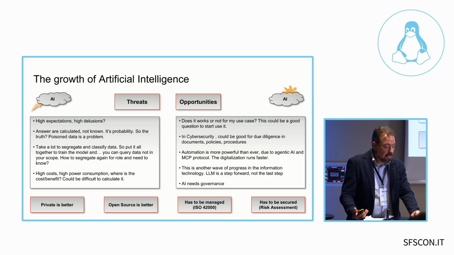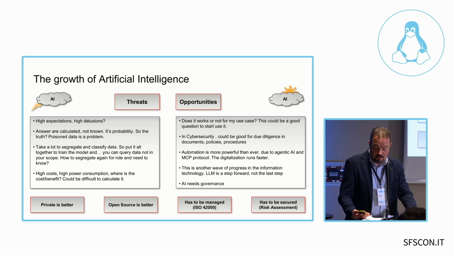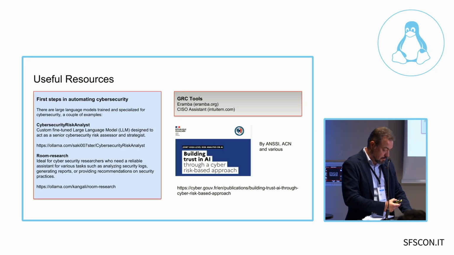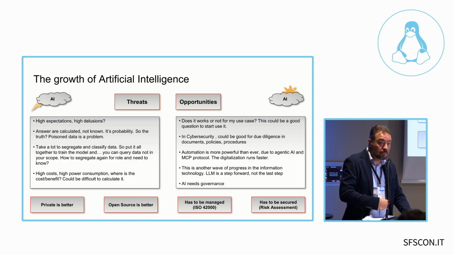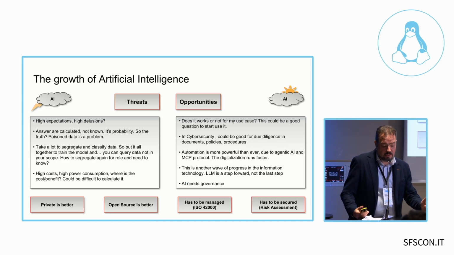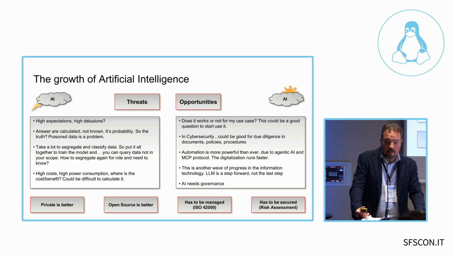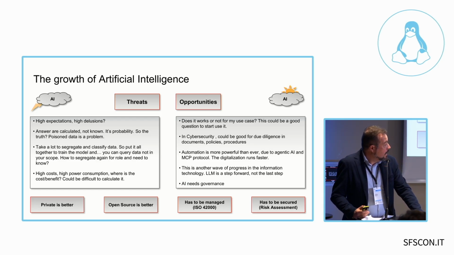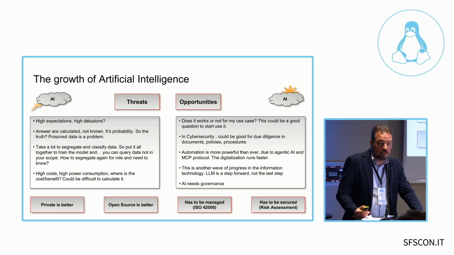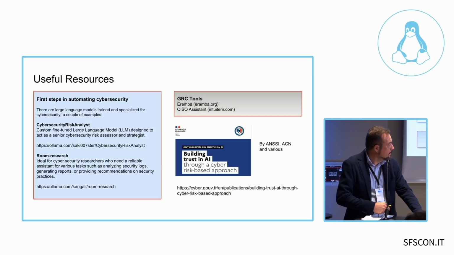And AI needs, for sure, governance, in my opinion. Private is better. Open source is better. It has to be managed, so there is the brand new ISO 42001 to manage that, and it has to be secured. So you have to know yourself and do the risk assessment.